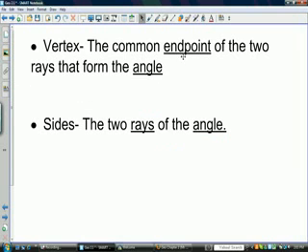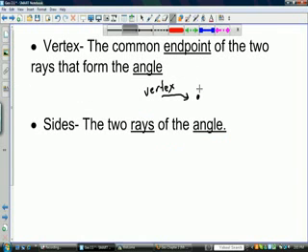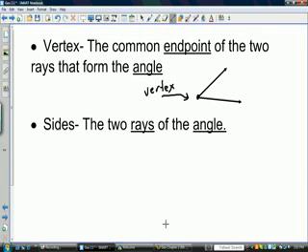The vertex is the common endpoint of the two rays. So if I start with my vertex, now the sides are these two rays.